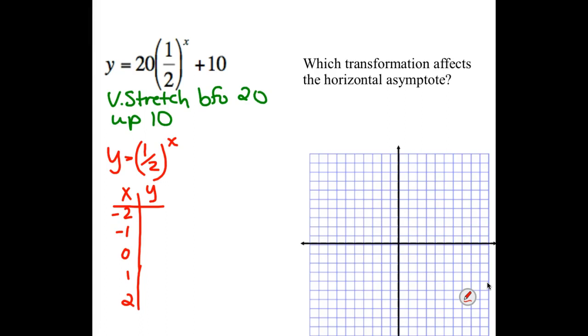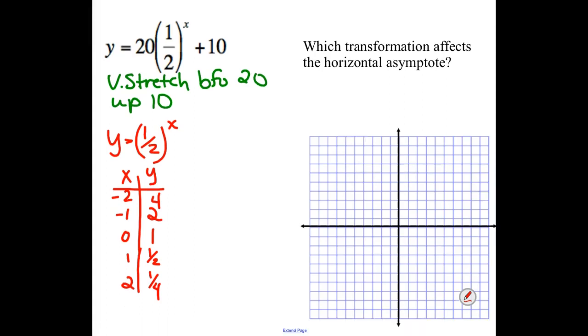The 1/2 flips and becomes a 2, and then it gets squared, so it becomes a 4. Okay, 1/2 to the -1 power. 1/2 flips and becomes 2. Anything to the 0 is 1. 1/2 to the first is 1/2. 1/2 squared is 1/4.